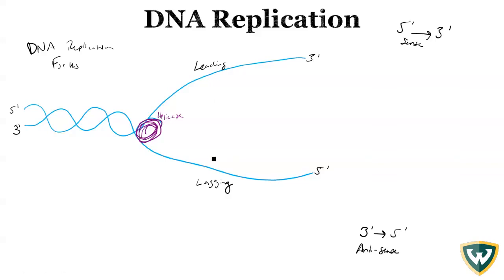And why do they call it a leading and a lagging strand? It's because that is how DNA can be replicated on each strand, because DNA replication actually ends up producing two identical double-stranded DNA molecules. So what comes down here again is another protein, and this protein is called DNA polymerase. And on the leading strand, because of the way DNA is actually made, it can make a continuous strand of new DNA going from the 5' to the 3'.